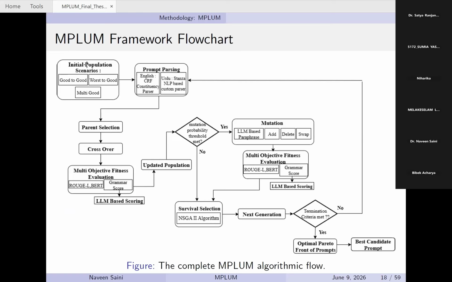Suppose I want to give the prompt in Hindi language, and I am very efficient at writing Hindi. But another person may not be efficient in writing Hindi. The person knows Hindi but may not be efficient in writing a good prompt, writing a broken prompt. For example, "मुझे इस डॉक्यूमेंट की समरी चाहिए."